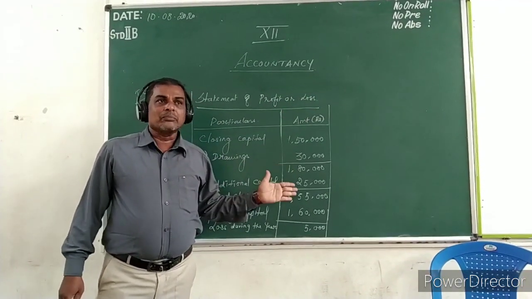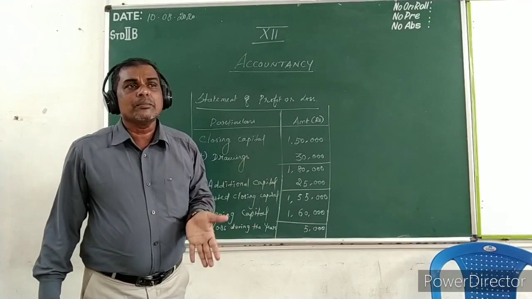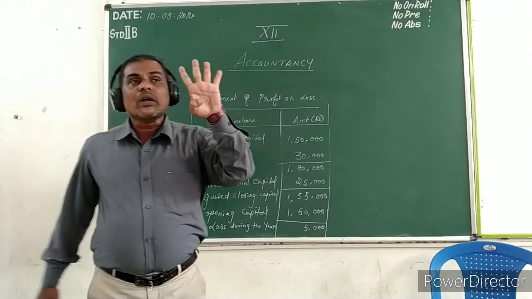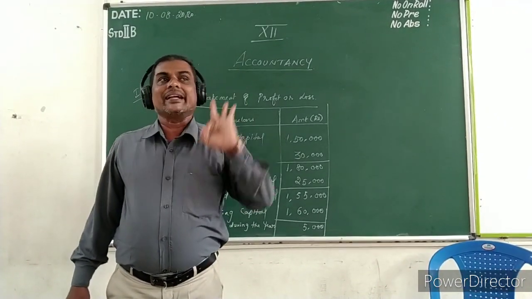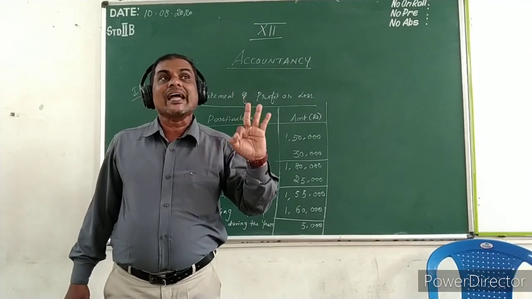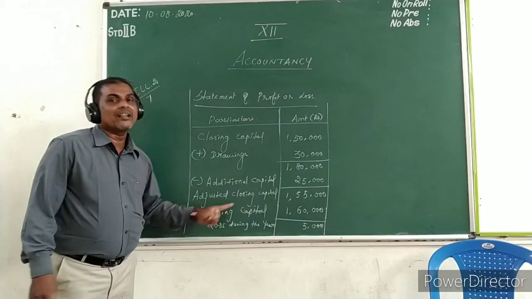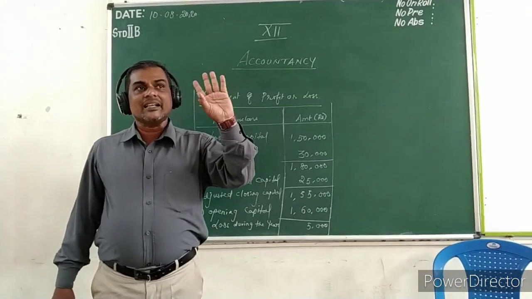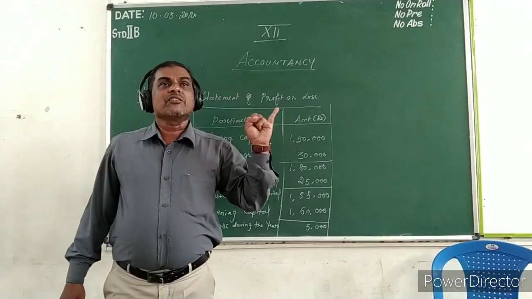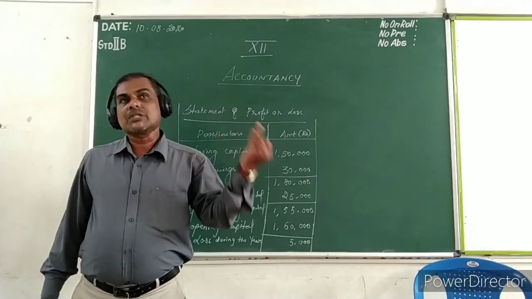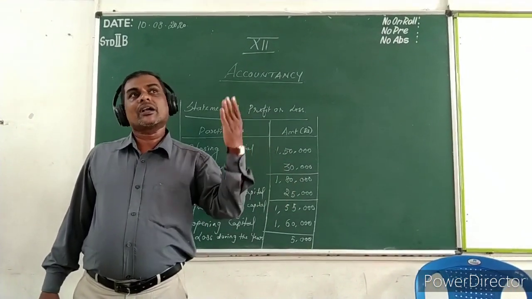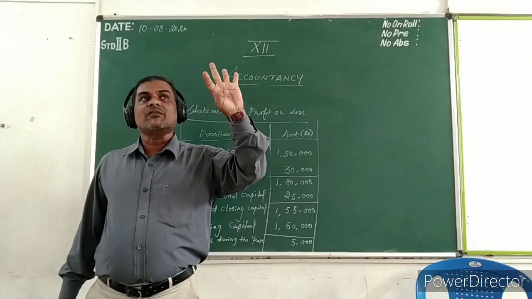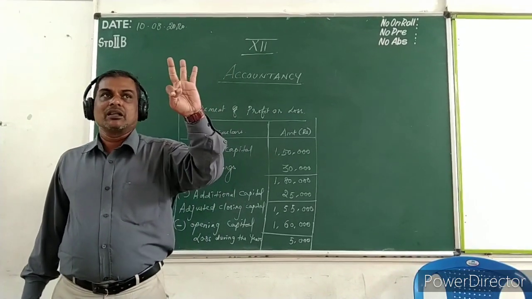Here the same sum they will give as missing figure. What do you mean by missing figure? Out of the four items they will give only three items. Instead of the missing item they will give either profit or loss. They will ask the missing figure as opening capital or closing capital or additional capital or drawings. Out of four items they will leave out one item.